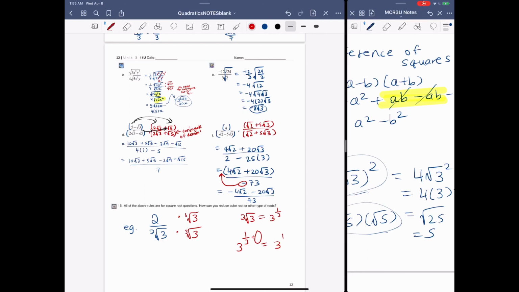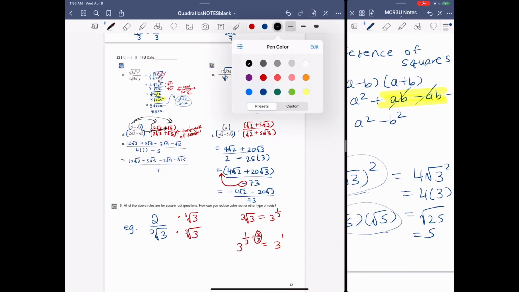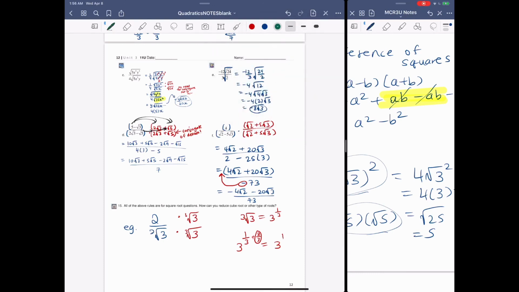Well, I would need to add 2 over 3. And so how am I going to change this so that it works out? I need to add a 2 on here, so that I'm dealing with 3 to the 2 over 3, or cube root of 3 squared. If I do that, it's going to work out, and my logic was trying to get a rational number on the bottom.